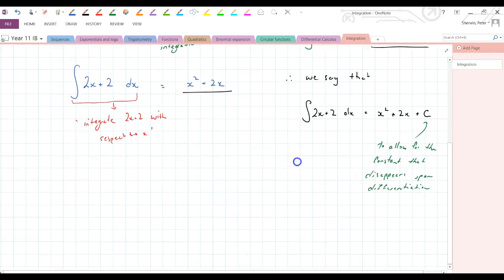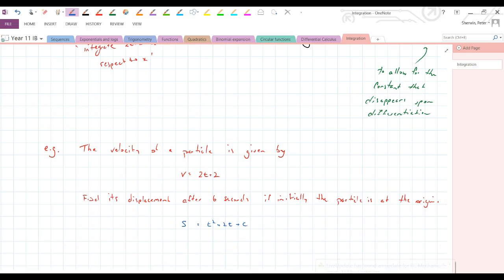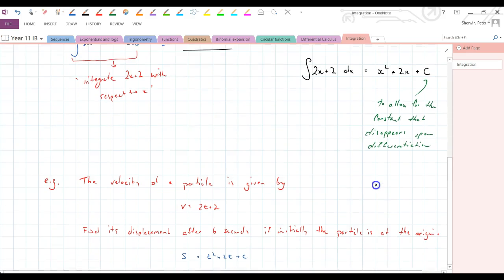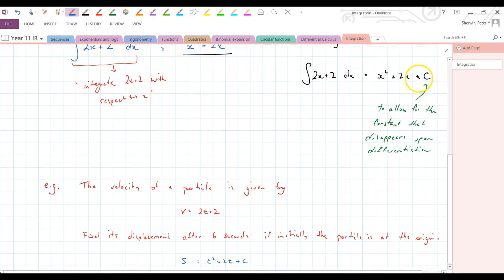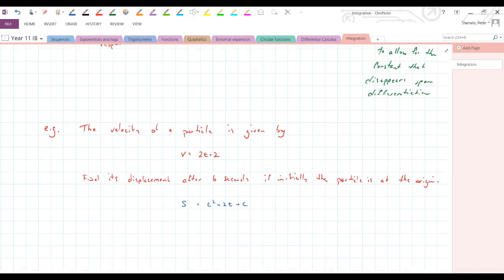For example, let's have a look at an example. We're jumping ahead a little bit here, but just to put this in context and give you an idea of how this constant gets allowed for, have a look at an example from an area that we've looked at previously, the motion of a particle in a straight line.